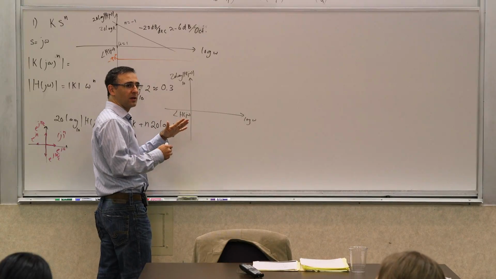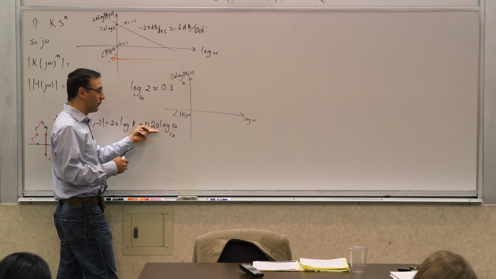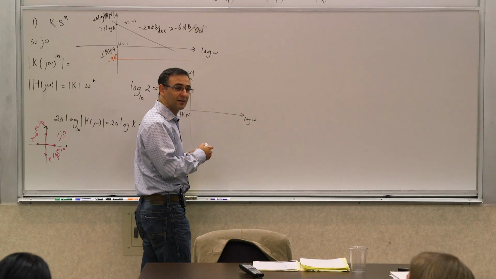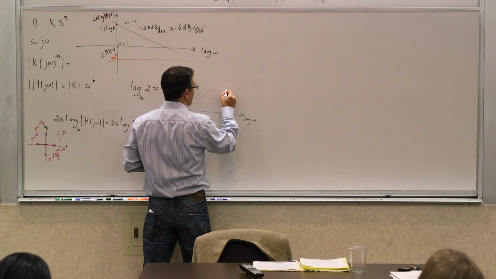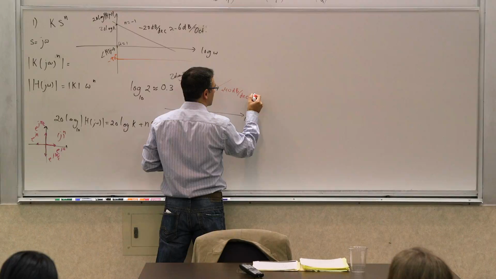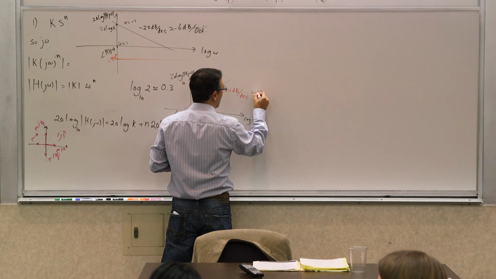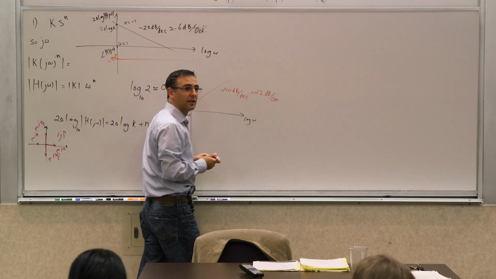And what's the slope going to be? Plus 40 dB per decade, exactly. Which is also, if you wanted to express it per octave, what would it be? 12 dB per octave. Yes, very good, thanks.